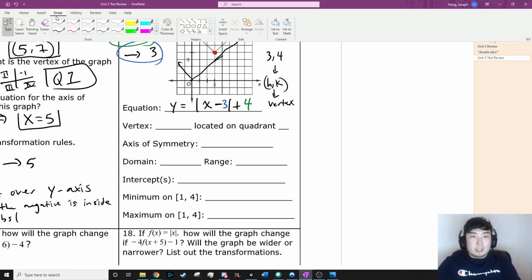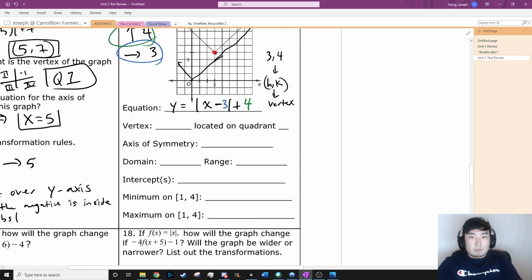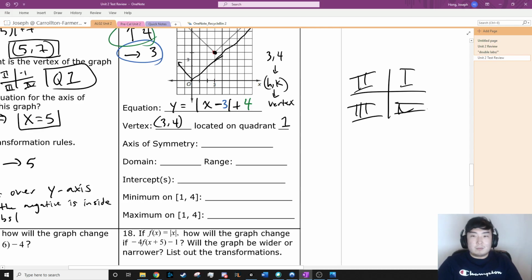So what coordinate is that? That's (3, 4). And it's located in quadrant 1, because the quadrants go like this. You don't need to draw this. It goes 1, 2, 3, 4. So it's here. So this is in quadrant 1.